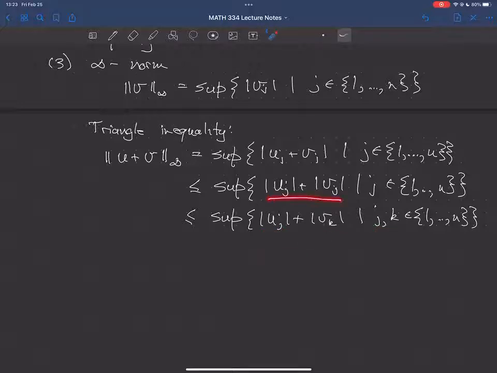The sup here is over the case where j is equal to k, so essentially you're taking the sup over a larger collection of numbers, and the result can be larger than the sup over a smaller subset. Then you can break down the sum there.